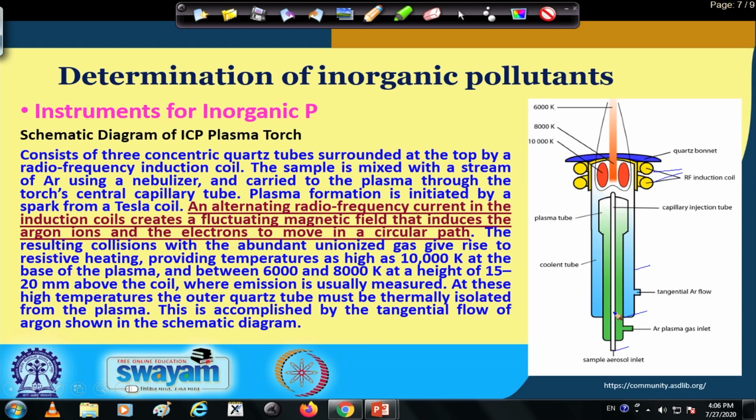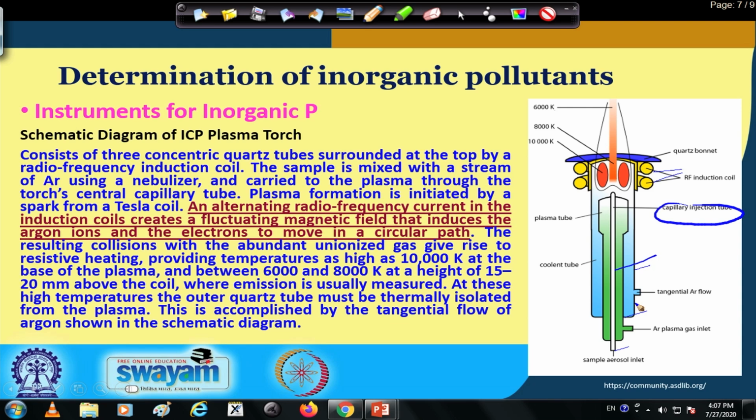This white one is the central capillary tube, as you can see. This sample aerosol is injected towards the plasma by this capillary injection tube, and plasma formation is initiated by a spark from a Tesla coil.